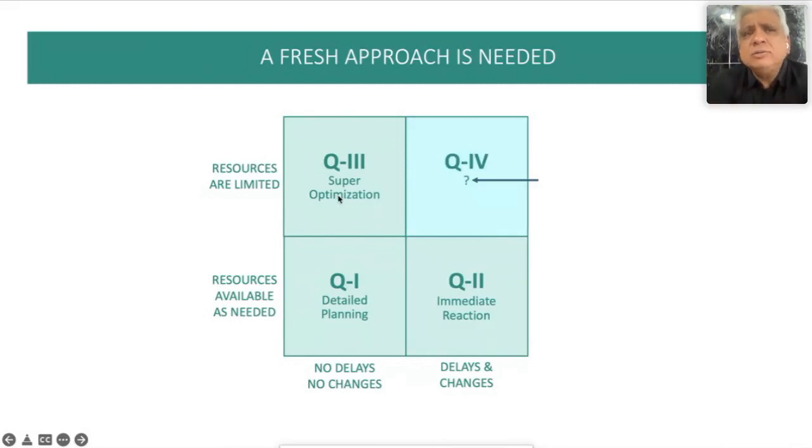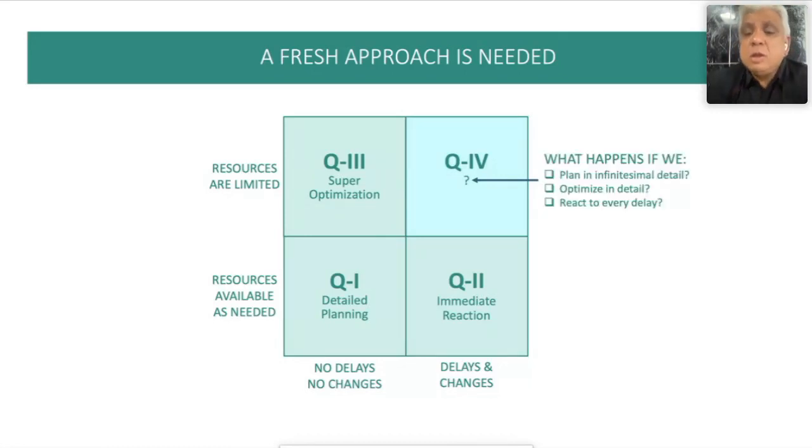But let me ask you, think about this for a minute. In quadrant 4, which is our real world scenario, is detailed planning just useless or counterproductive? Is creating a plan just a useless activity, or is it counterproductive in the real world?